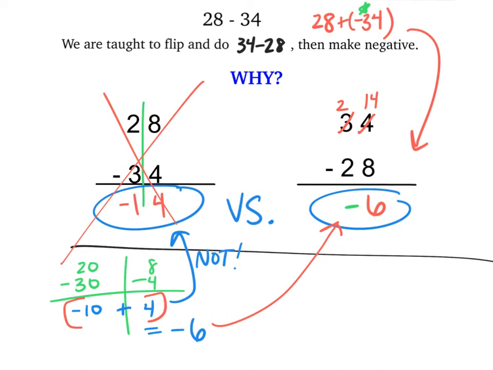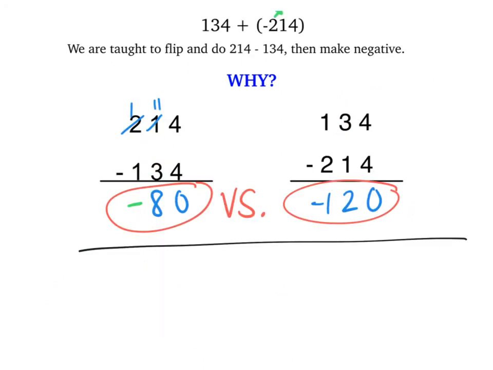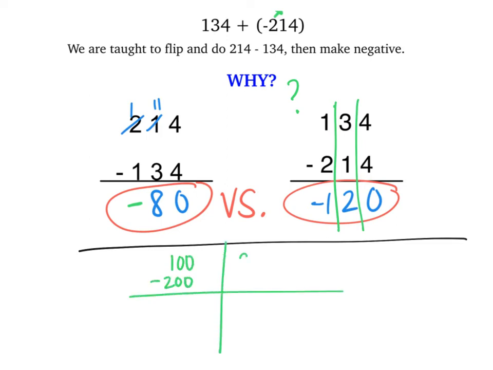Let's explore it with the 3-digit number as well. So same thing with the 3-digit. We're going to break this up. Here's the one in question with that smaller number on top. So my columns would be 100 minus 200, 30 minus 10, and 4 minus 4.